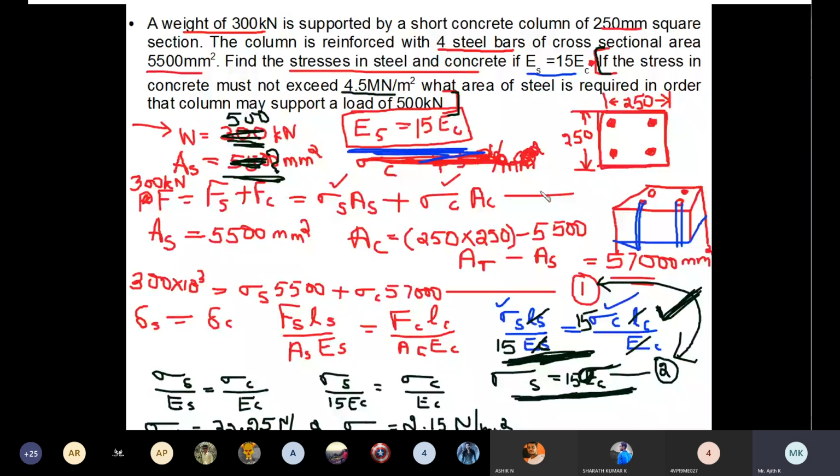Again you can consider this first equation. Take down the sub question.